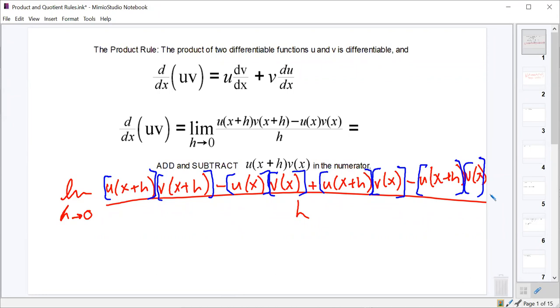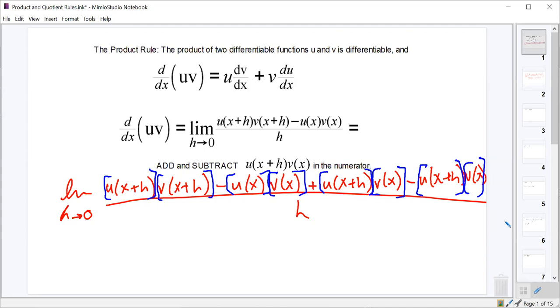But there are pieces that are the same. Like, for example, this one's got a U of x plus h, and this one's got a U of x plus h, and this one's got a U of x plus h. So maybe we could group together two of those that have a similar thing in them, like that U of x plus h.